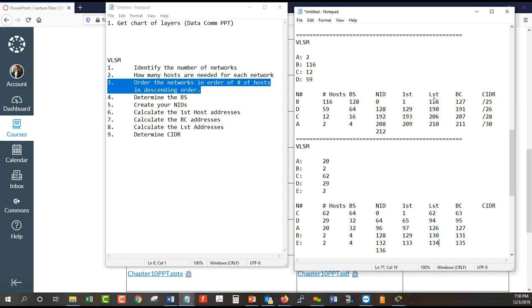So as we look at these, we can see that the network IDs are all even numbers, that our first addresses are all odd numbers, that our last are all even numbers again, and then finally the broadcast addresses are all odd numbers. Okay?